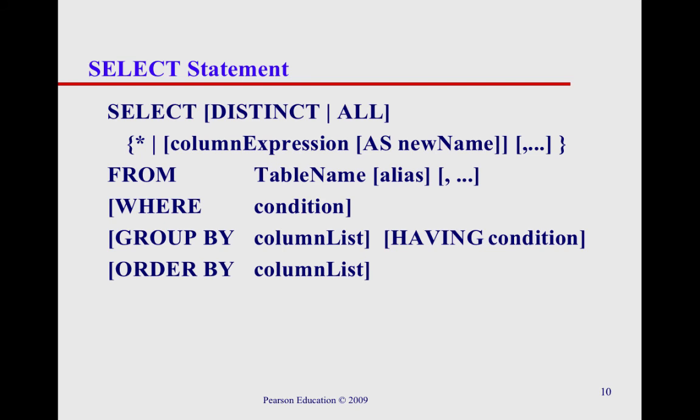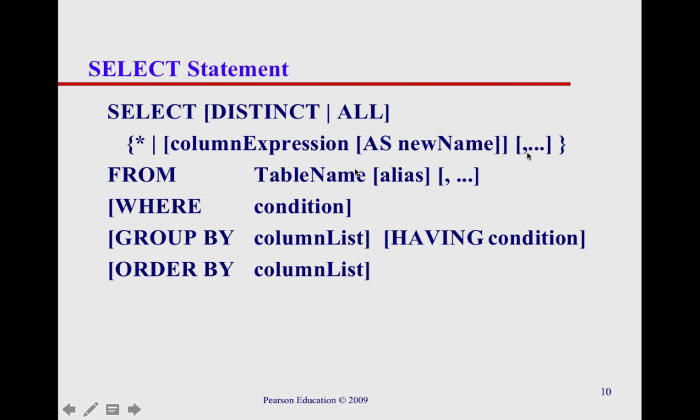And then when it actually appeared in the report, it would appear as total salary. So the as allows you to give a more meaningful name to the column. And you'll see again, it is in square brackets, making it optional.